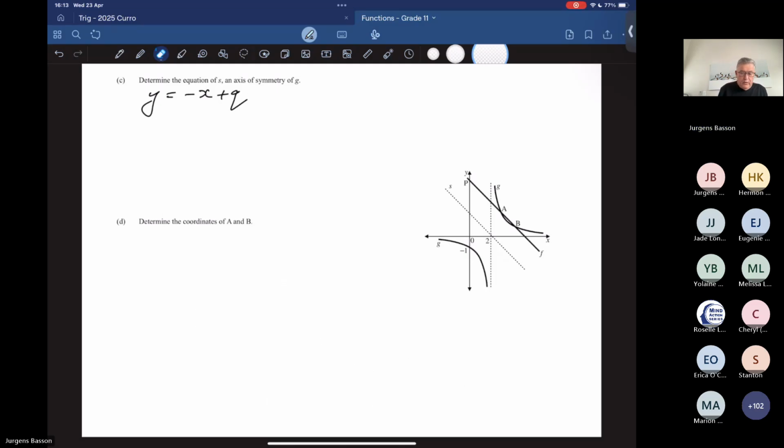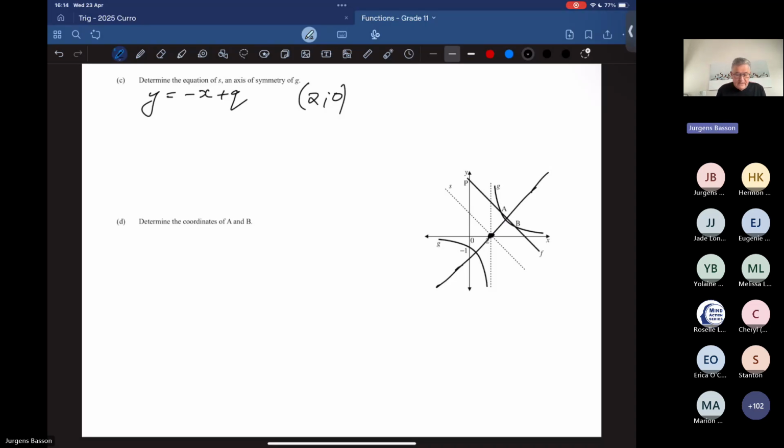So all we now need to do is substitute a point, and we can find the q value. We always substitute the point where the 2 asymptotes meet, and that is the point 2, 0 for this graph. The asymptotes meet at the same point where the 2 axes of symmetry intersect.